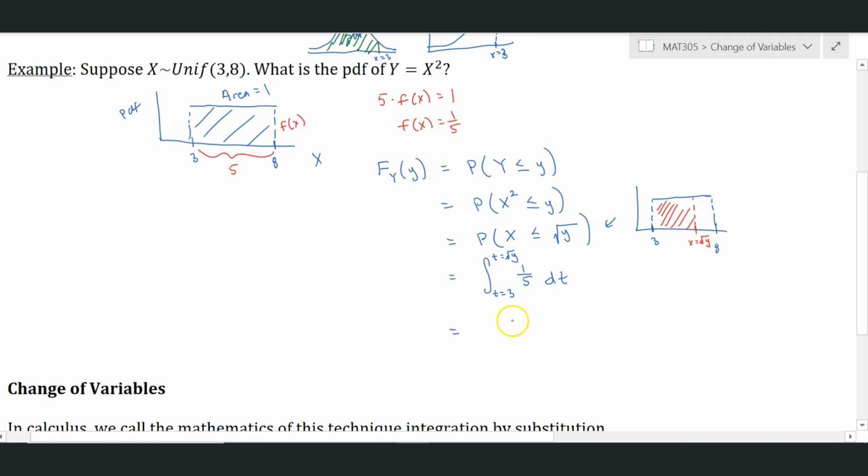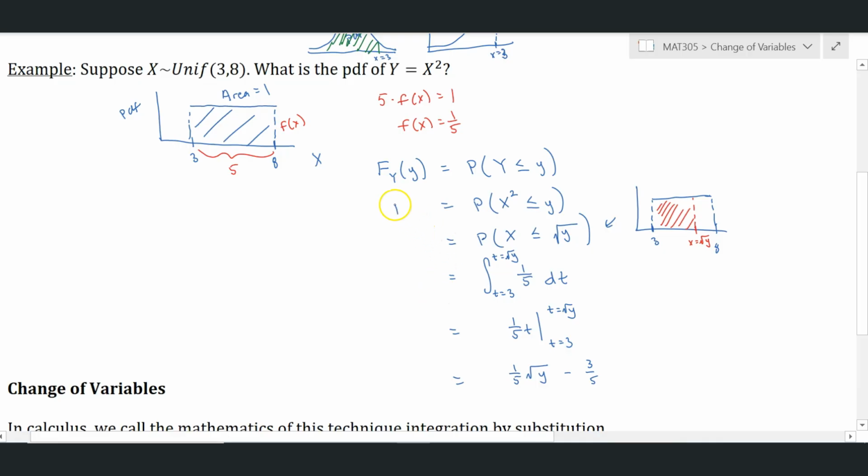Okay, so that means we're going to have 1/5 t evaluated from t equals 3 to t equals the square root of y. And simple enough, we just plug in the square root of y, so we'll have 1/5 square root of y minus 3/5 when we plug in 3 for t and multiply it by 1/5.